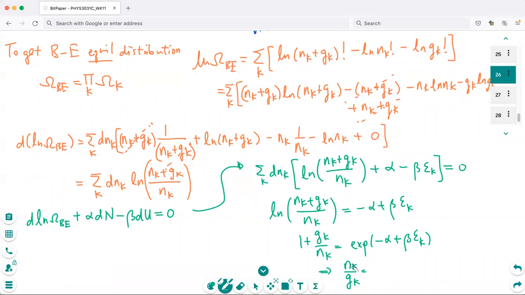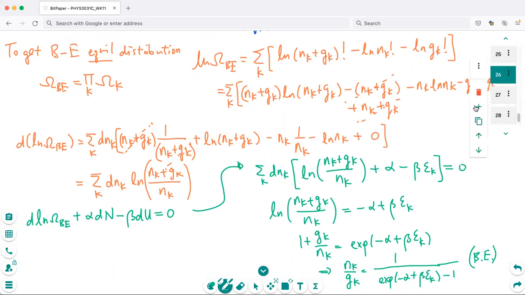So I want nk at the top. So this is what I have: e to the minus alpha plus beta epsilon k, minus 1. Okay, so this is the Bose-Einstein. This is very significant. This result is very important.